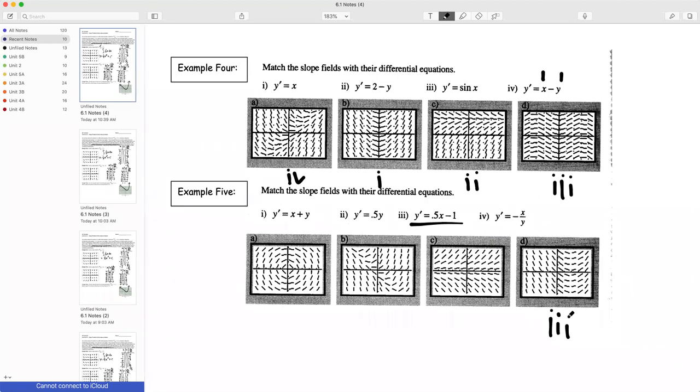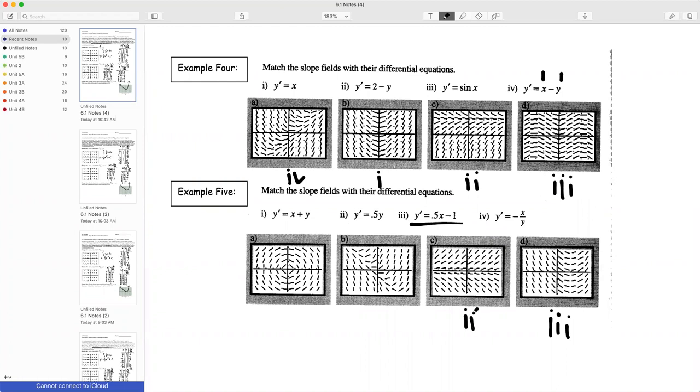And then for the others, we're going to pick test points. So for example, on the second one, if y is 0, I am going to have a slope of 0. So it needs to have a horizontal slope field as it approaches the x-axis, okay? And the one that fits that is this one, C.